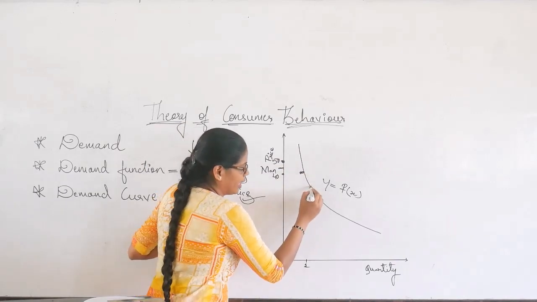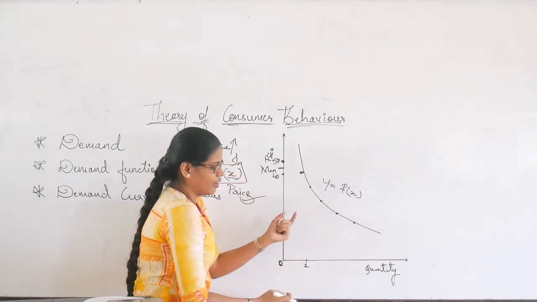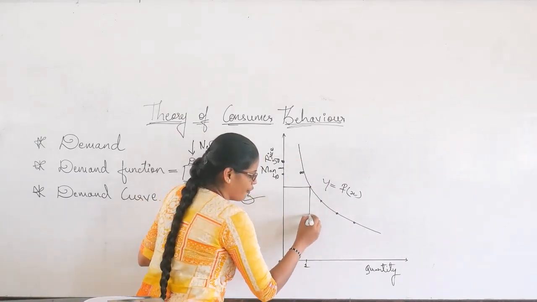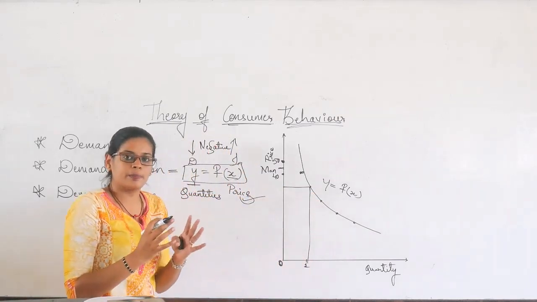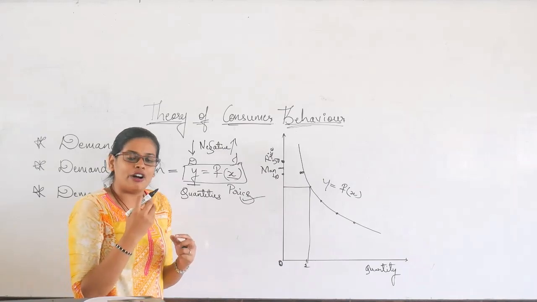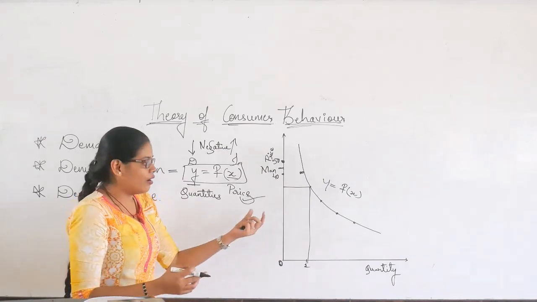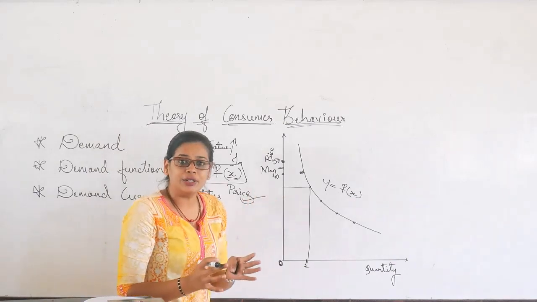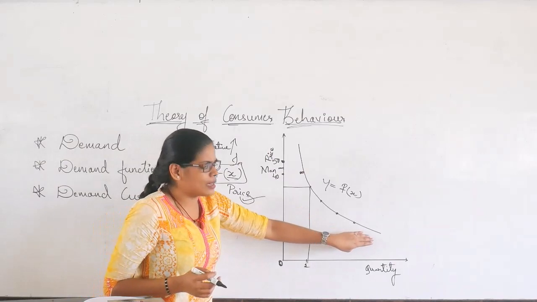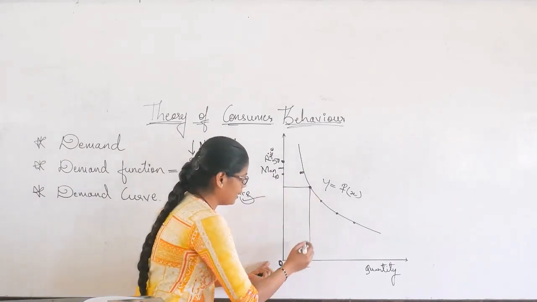When we talk about the demand curve, you can take any point on it. That tells us the combination of two goods, how much quantity of one good is being substituted with another good, which fits into his budget. So the demand curve tells us about the price and the quantity. For example, see.